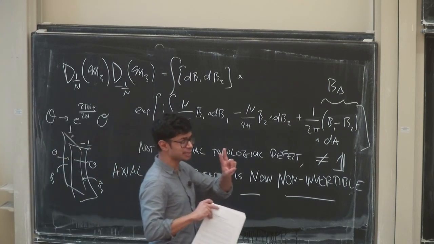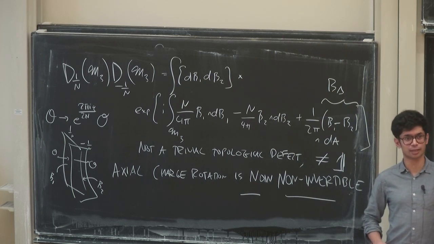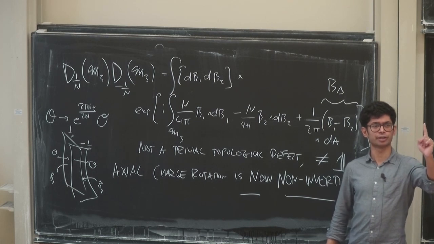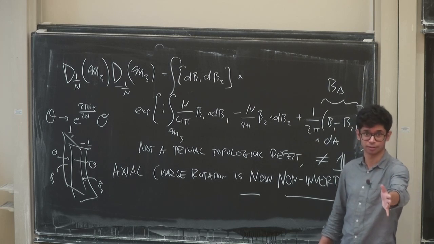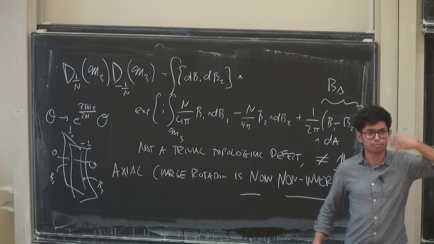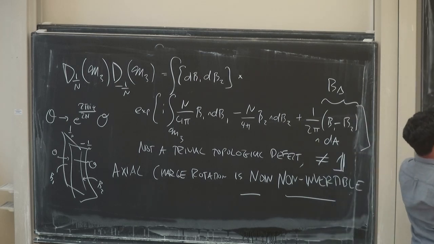So for example, let me say two more things about this, and then I'll slowly start wrapping up. One thing is, you might be worried that I only managed to generate a 1 over n rotation. Now n is arbitrary. So I can generate a 1 over n rotation, and by composing that over and over again, I can generate any rational angle.